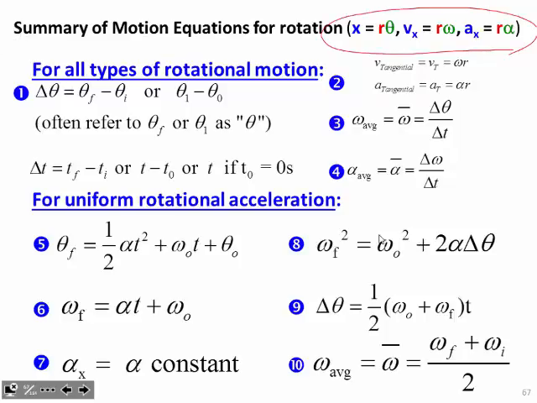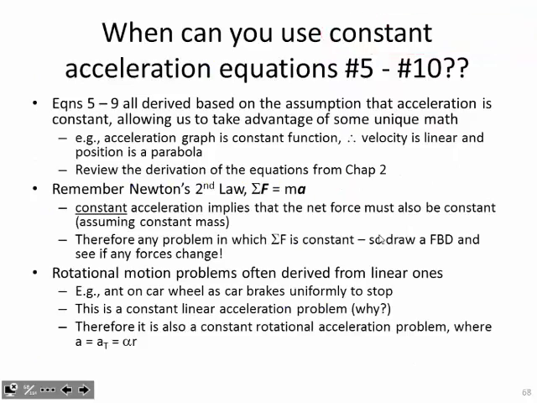So when can you use constant acceleration equations, 5 through 10? Only when you have uniform acceleration or constant acceleration. Uniform means constant. So what would cases like that be when you have rotation instead of translation? A bike, if we're accelerating uniformly.